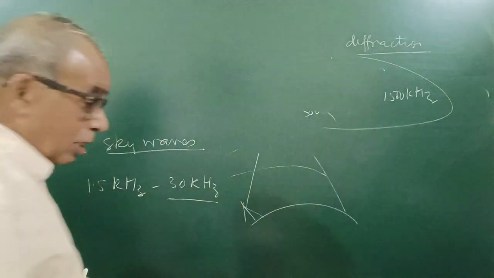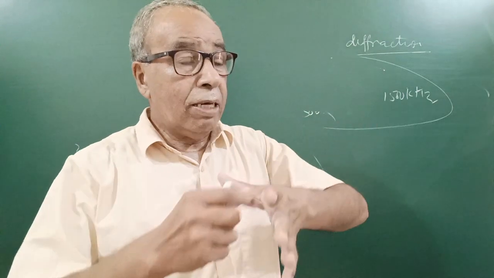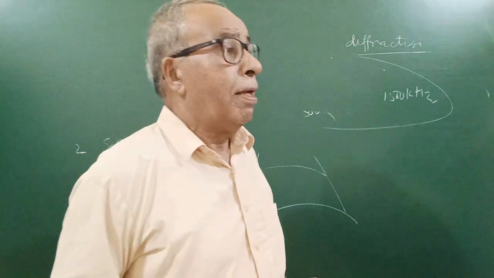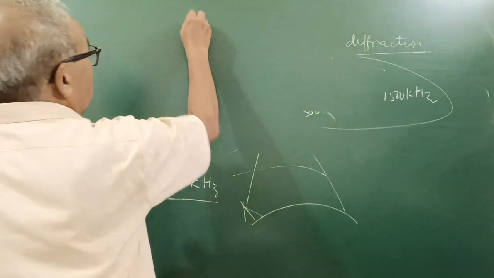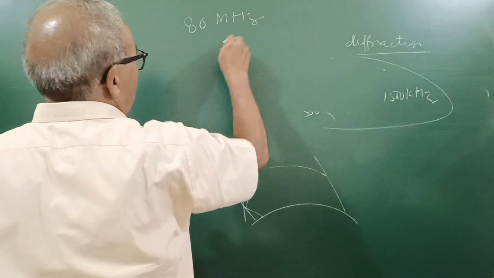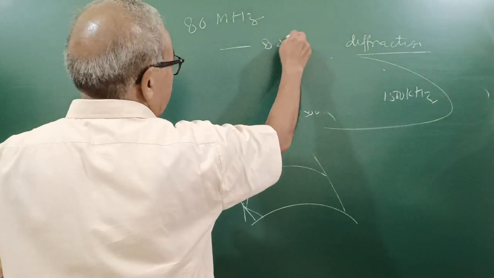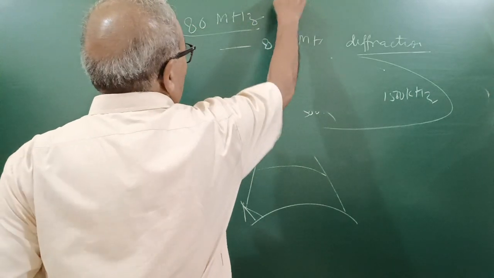Then space wave. Actually, we need a wide range of frequency, because television waves have a frequency range of 80 megahertz to 800 megahertz. In this range we use FM waves also.